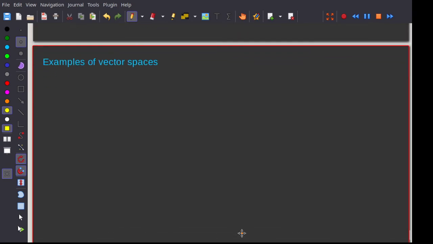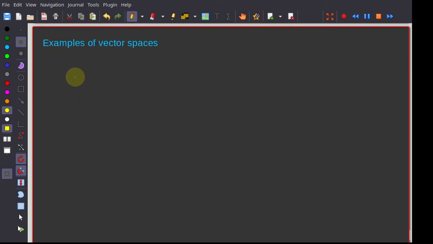Now, let's look at some examples of vector space. Can you give me some examples? Okay, so the set of all polynomials forms a vector space.